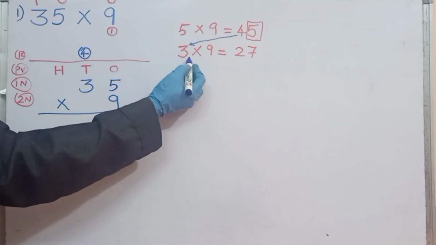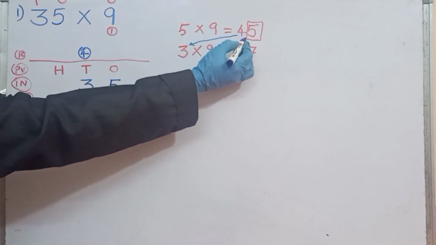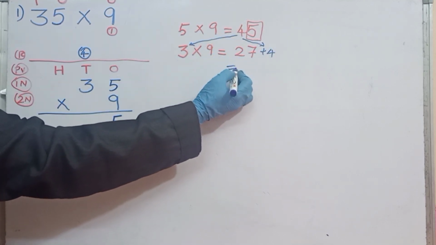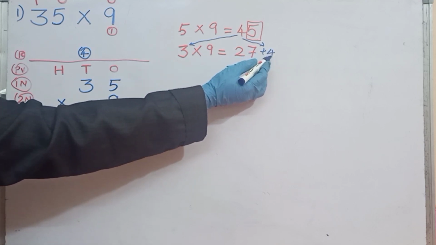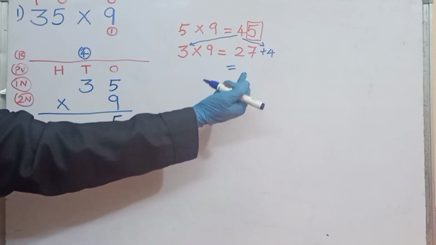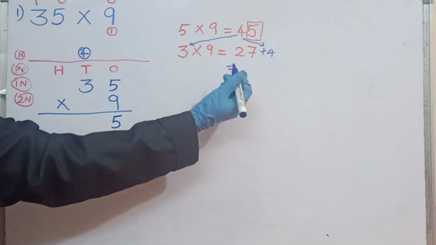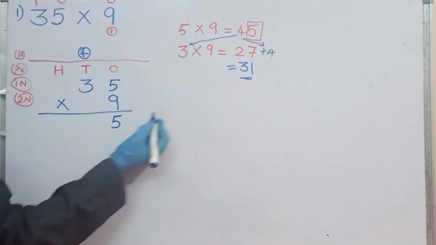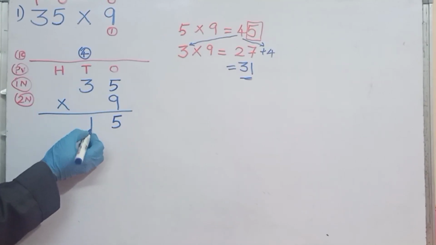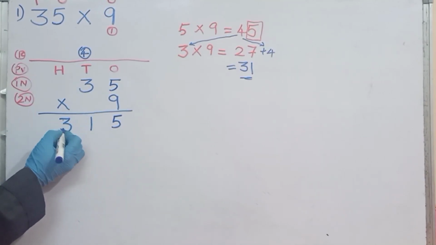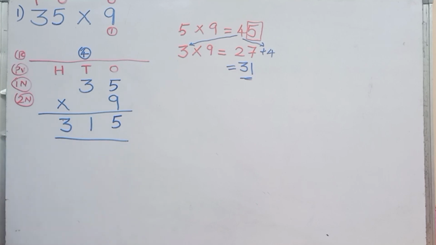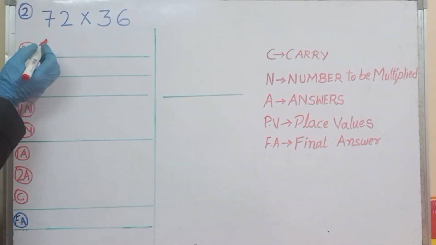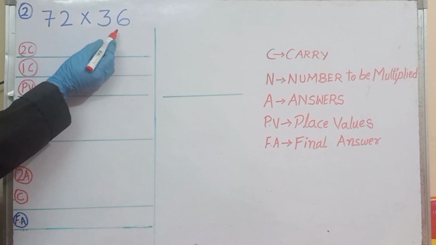So whatever answer we get here, I have to add this 4 to it and write as answer. 27 plus 4: 28, 29, 30, 31. So these two numbers I'll write over here. 1, then 3.